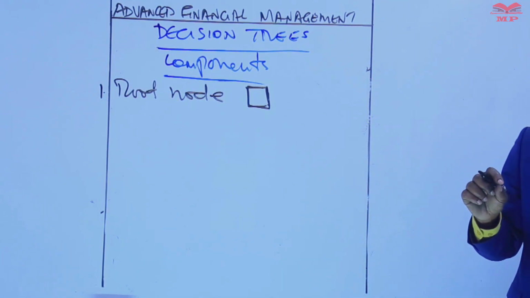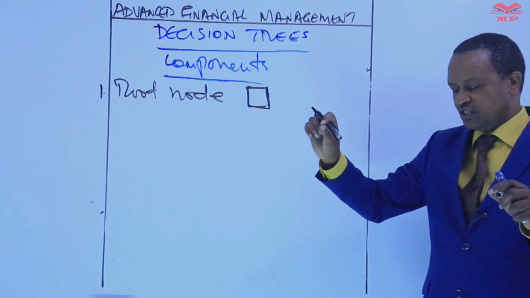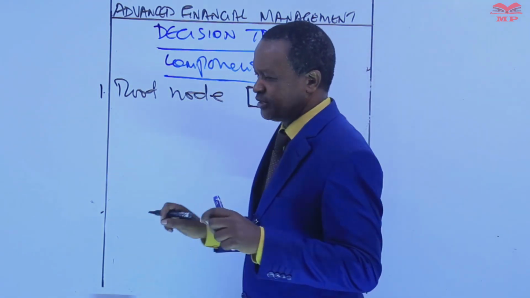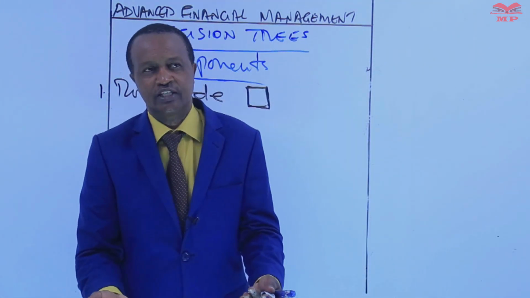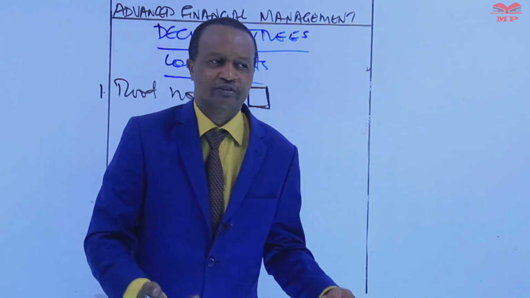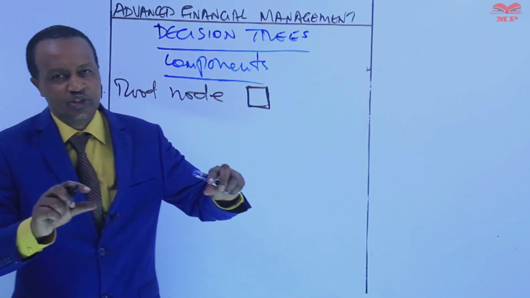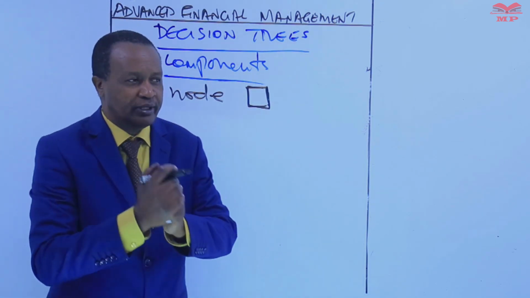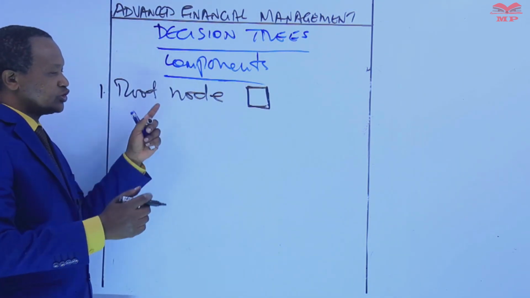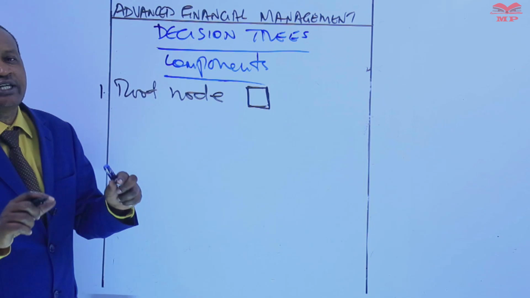You understand? That is the starting point of the decision tree, just the same way the root of a natural tree is the starting point. We have a root node, which represents the initial decision or problem.